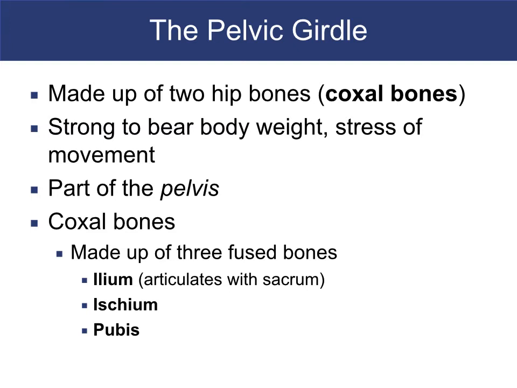Oh, looky here. I actually have 2 of them in this box. They fit together like that. And then back here between them is the sacrum. Remember, the sacrum is part of the axial skeleton, so we kind of separate it out right here. But these are called the coxal bones, and each of the coxal bones is made up of 3 other bones. They are named the ilium.